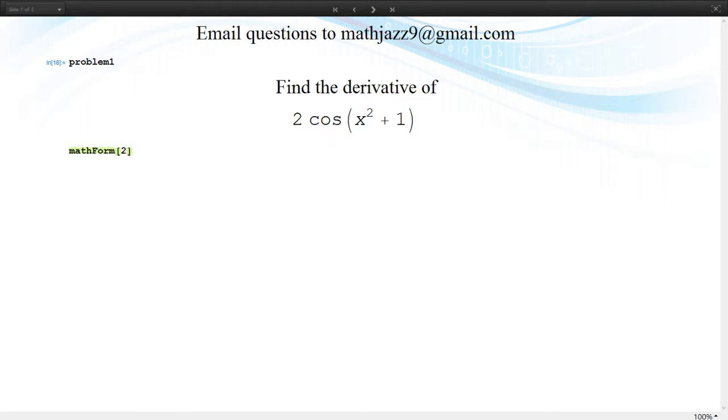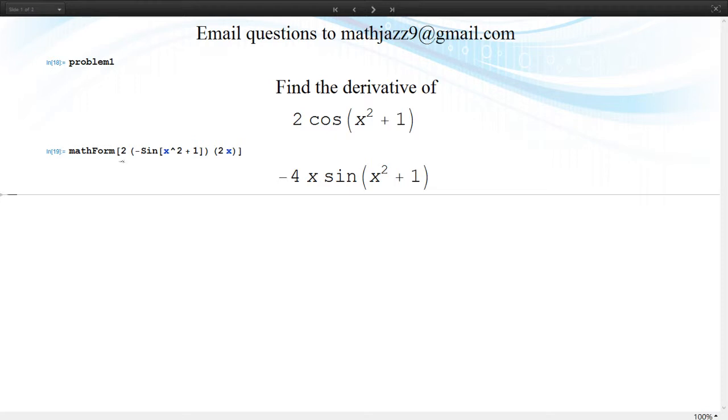The derivative of cosine is negative sine, and we have to plug in our inside function, which is x squared plus 1. And then we have to multiply by the derivative of the inside function, which is 2x. So, we're left with negative 4x times the sine of x squared plus 1.